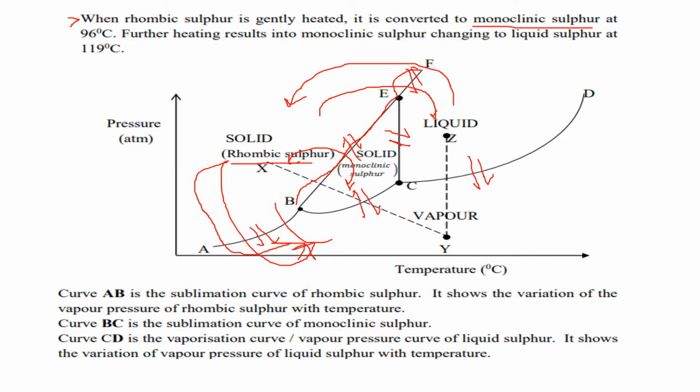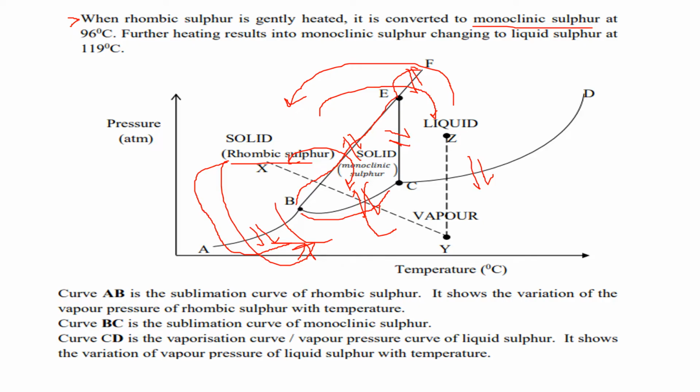Now if you look at curve BC, it's combining monoclinic sulfur and vapor sulfur, and it's a solid to vapor. That process is called sublimation. So curve BC is going to be called the sublimation curve. We name curves according to the process taking place at that curve. So solid monoclinic sulfur getting converted to vapor sulfur gives us a sublimation curve, and that sublimation curve is for monoclinic sulfur.